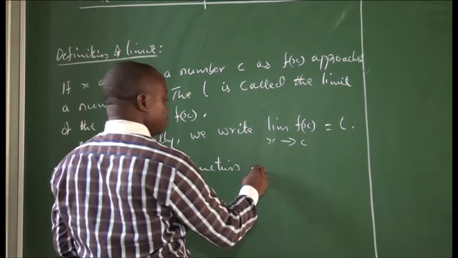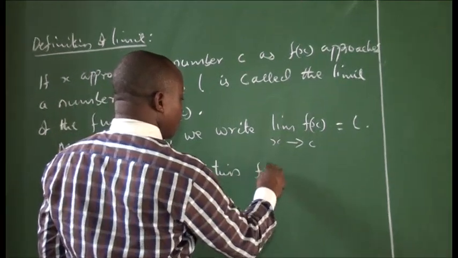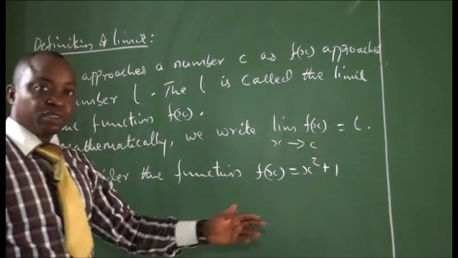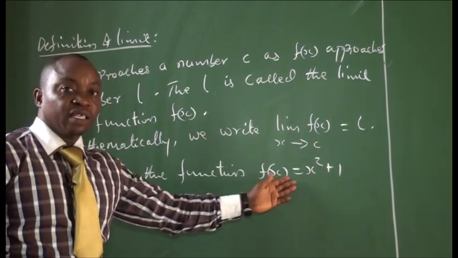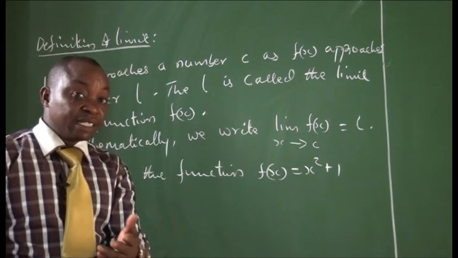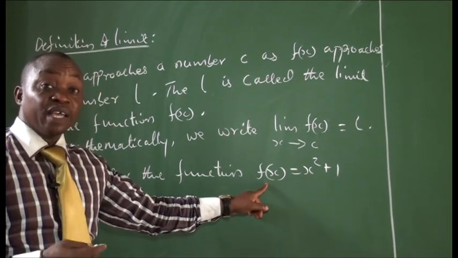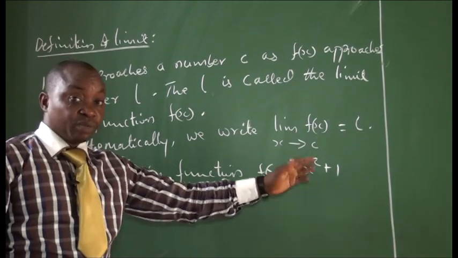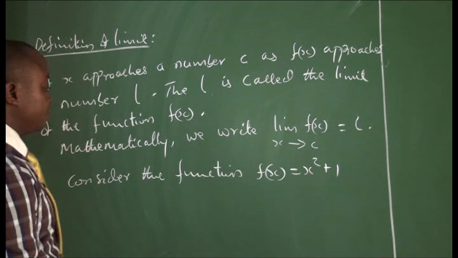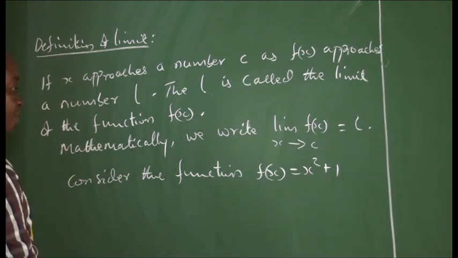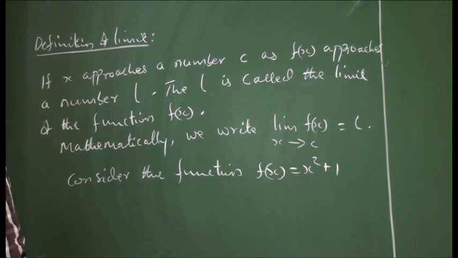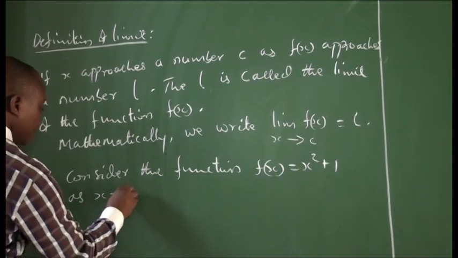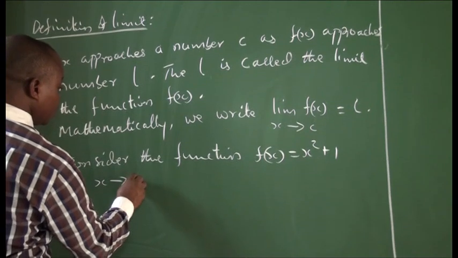Consider the function f of x equals x squared plus 1. The function there, we wrote it as y equals x squared plus 1. It is the same thing as writing f of x, because y equals f of x. So you can write f of x equals x squared plus 1. And consider the function f of x equals x squared plus 1 as x approaches 2.